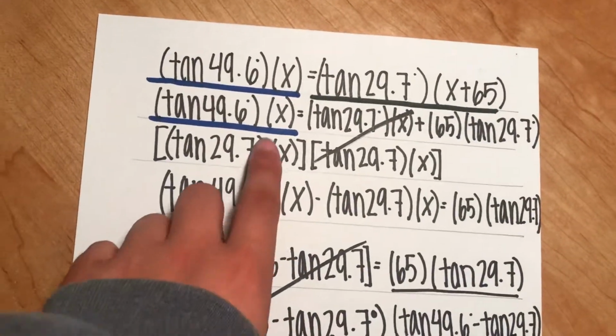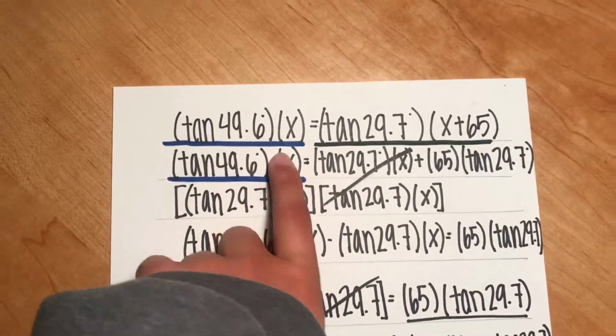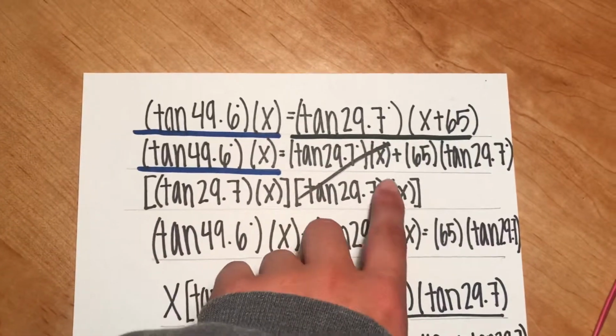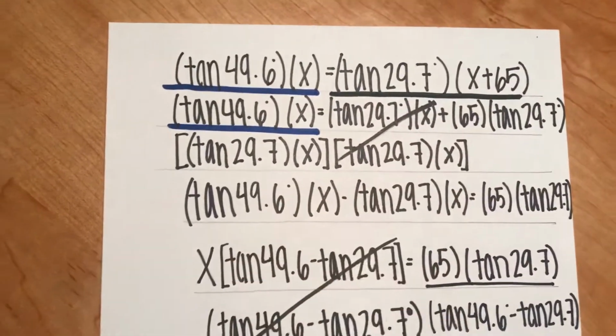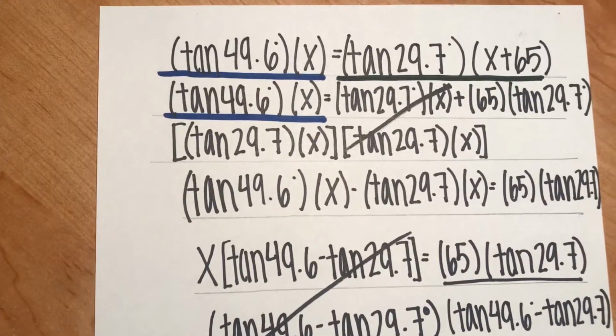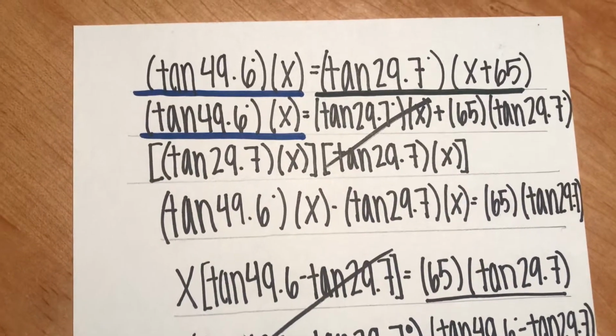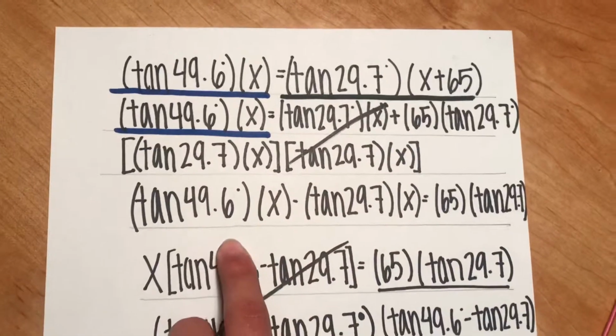Okay, and then what they did was they set the blue triangle equal to the black triangle. They separated x plus 65 on the right side, and then they subtracted tangent of 29.7 x on both sides. These canceled out, so then they rewrote it.